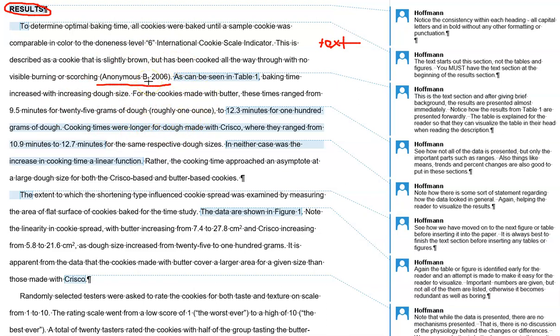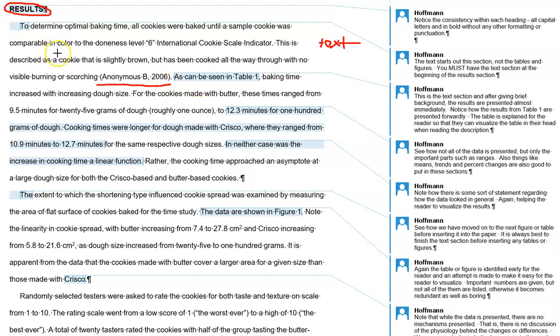As a rule of thumb, every table or figure that appears in your results needs to be mentioned specifically by name. You can also mention other things that don't appear in table form or figure form. Okay, but everything, as a good rule of thumb, should be done that way.